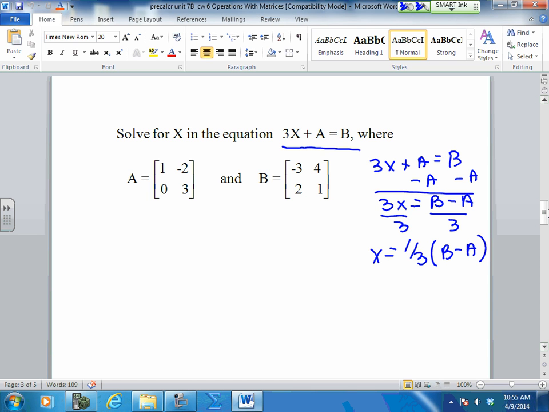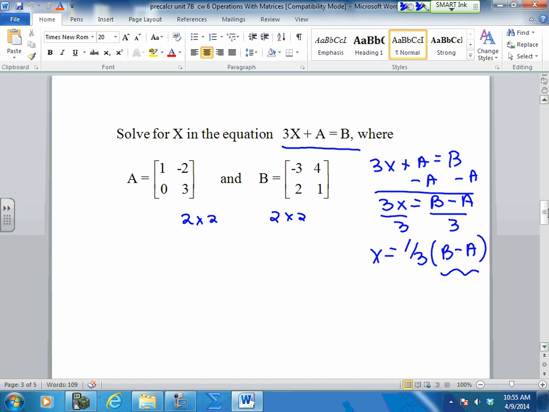So first of all, because you're subtracting these guys, they have to be in the same order. 2 by 2, 2 by 2. So we can subtract B minus A, and then we can take 1/3 of all those answers. So do it by hand with me first, and then we'll put it in your matrix.